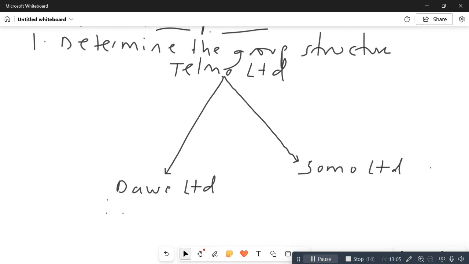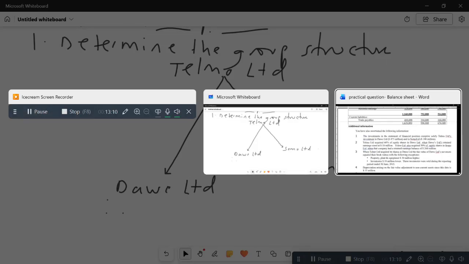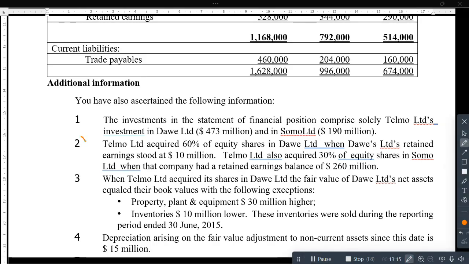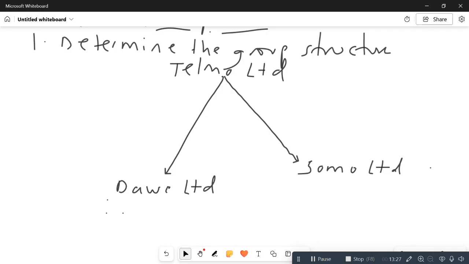Let's try to determine how much, in percentage, Teremo Limited acquired. You can check on this. When you look at note 2, it says Teremo Limited acquired 60% in Dawe Limited, and Teremo Limited acquired 30% in Somo Limited.